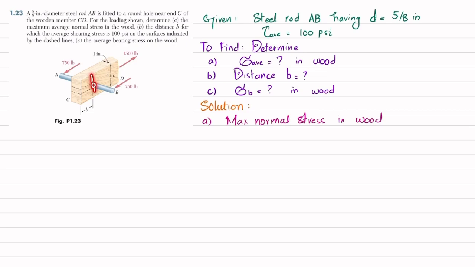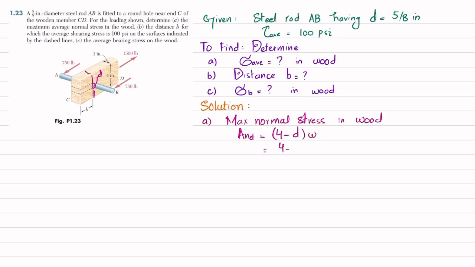So net area will be equal to this width 4 minus diameter, clear? Diameter into width, because in tension we subtract this hole, because only this portion is taking the load. That's why 4 minus this diameter into this width will be the area.